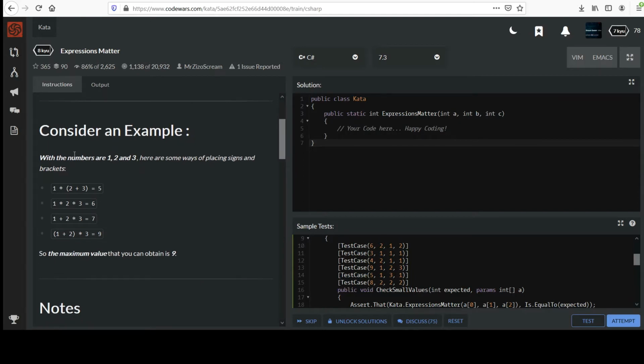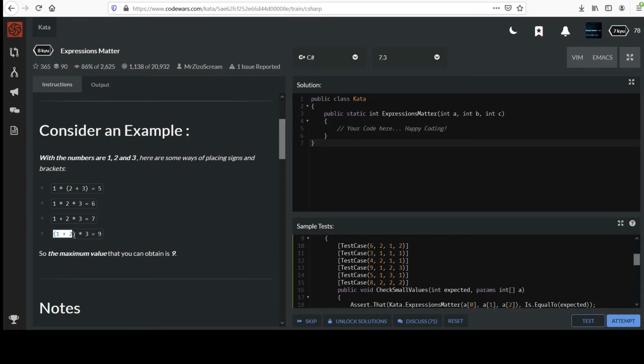Consider an example where the numbers are 1, 2, and 3. Here are some ways of placing signs and parentheses. Notice how in this case they chose to use only the multiplication operator. So you could do straight addition, straight multiplication, or some mixture of the two, where you can use parentheses to change the order, like down here.